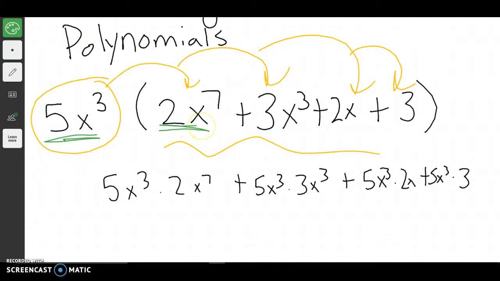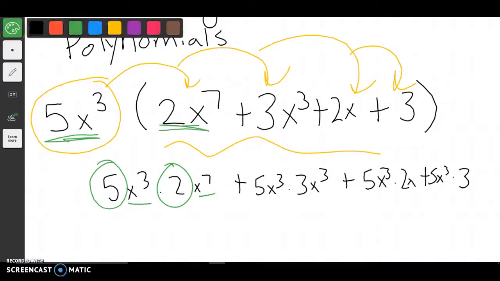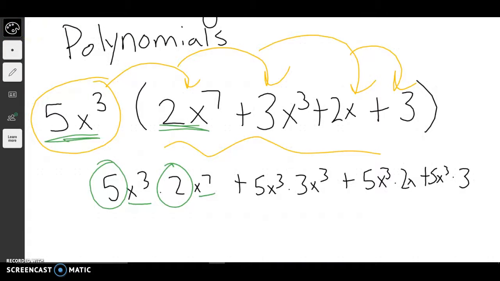In the next example, go a little quicker. But we're going to take that times that. So when you do that, you want to multiply the numbers together, and then we want to multiply the x's. Multiplying the x's, if we remember from the last chapter, acts like adding. So when you multiply exponents together, it acts like adding.